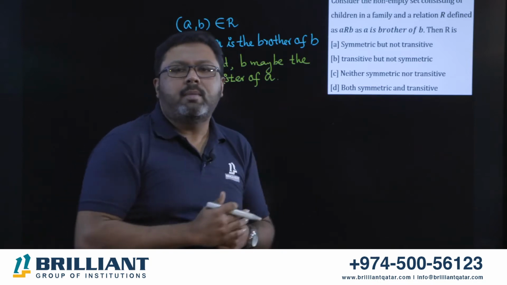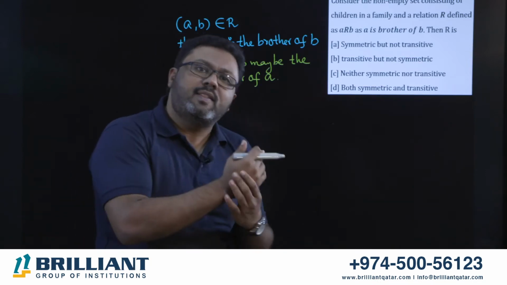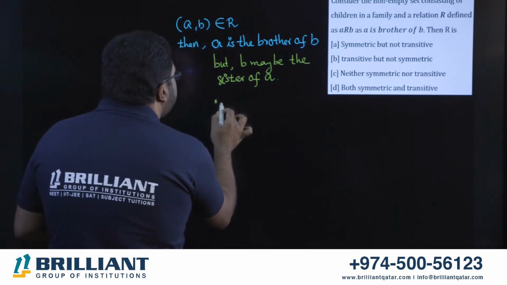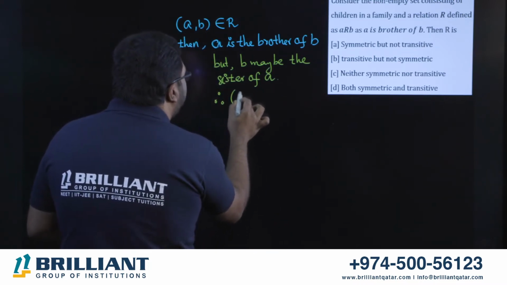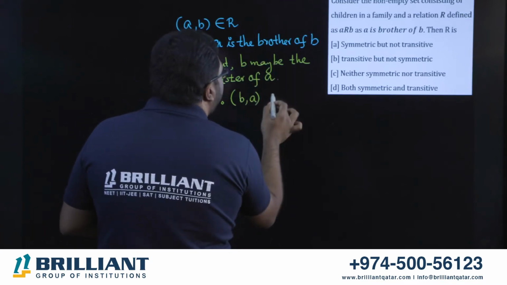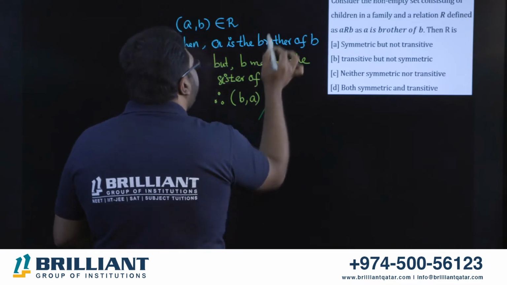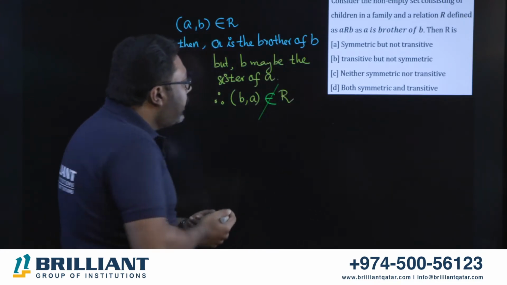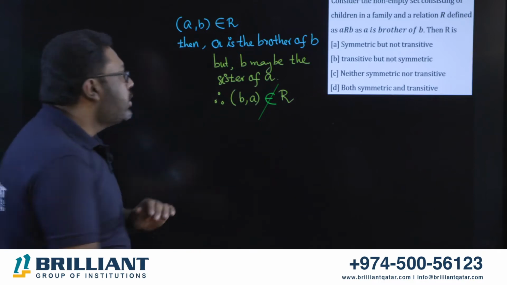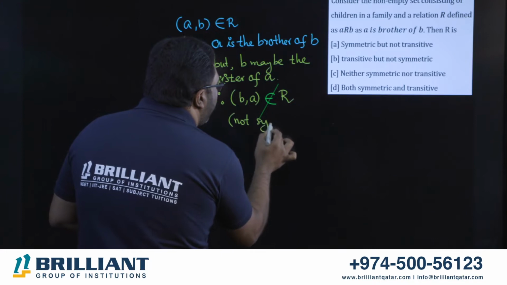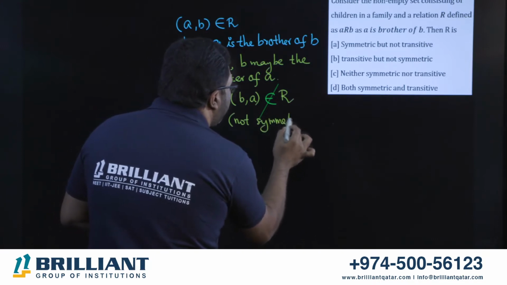B need not be the brother of A. B may be even the sister of A. Therefore, I can say that the ordered pair B comma A need not be an element in the relation R. So it is not symmetric. That is easy now.